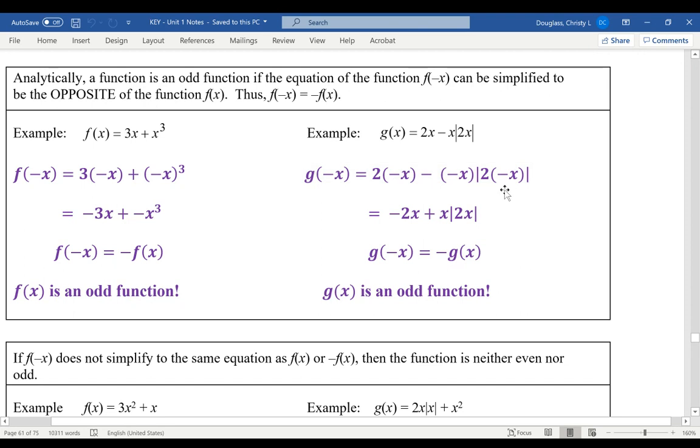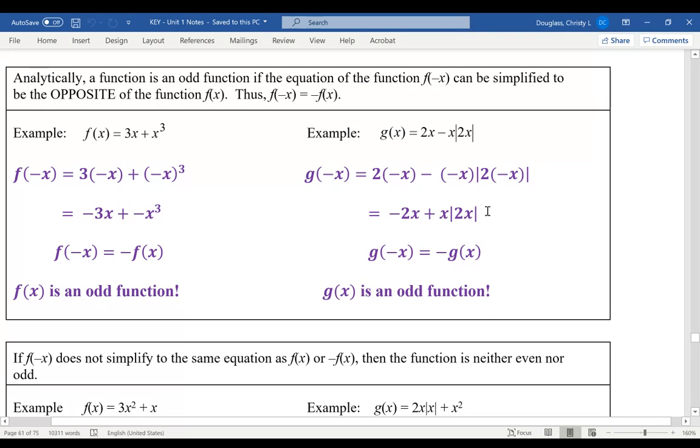So we can just say the absolute value of 2 times negative x is equivalent to the absolute value of 2x, because we know the absolute value of a positive and a negative are the same. However, the negative x in front of the absolute value is not altered by the absolute value. So when you subtract a negative x, that is going to be plus x.